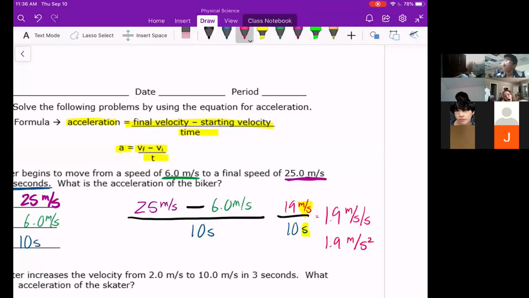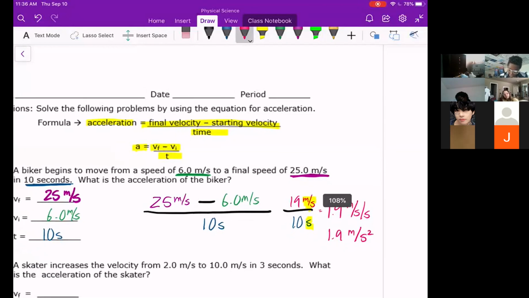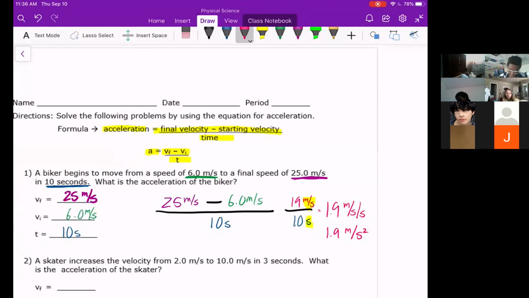If you do, I can say parentheses 25 minus 6, close parentheses, then divided by 10, and that should give me the right answer. And it did, it gave me 1.9. Okay, so the answer to this first one is 1.9 meters per second.